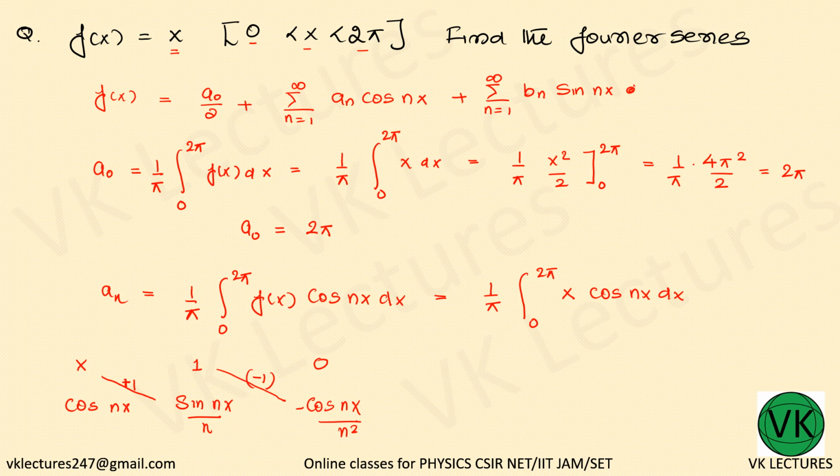So the limits: 1 by pi into x into sin nx divided by n plus cos nx divided by n square, the limits are from 0 to 2 pi.